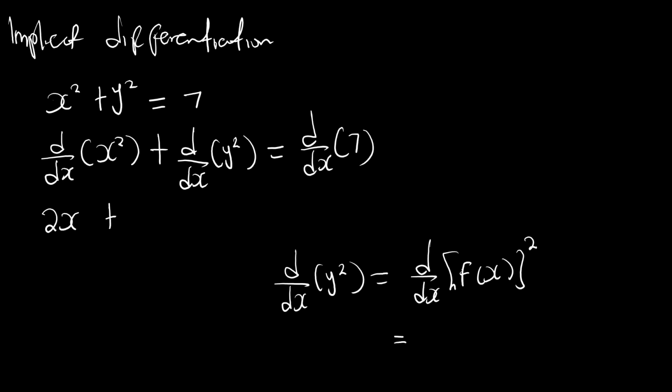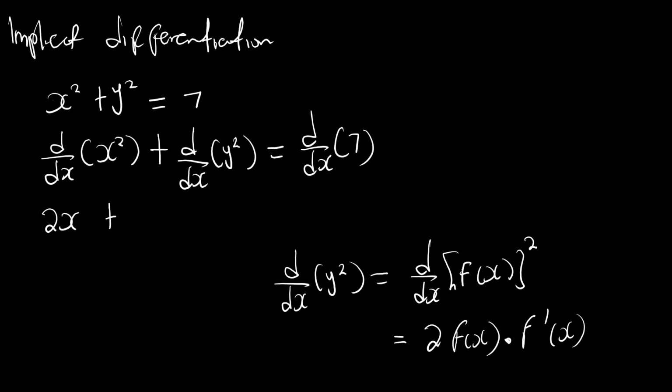The chain rule says that we start differentiating outside, so I drop the 2, and then we keep what we have inside the way it is, f of x, and subtract 1 from the exponent. Subtracting 1 from 2 gives 1, multiplied by the derivative of what we have inside, which is f of x, so the derivative is f prime of x.